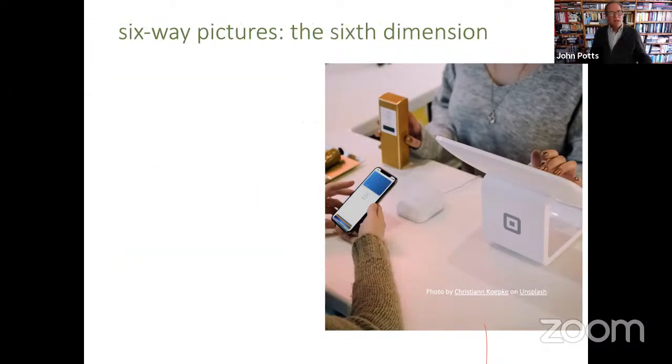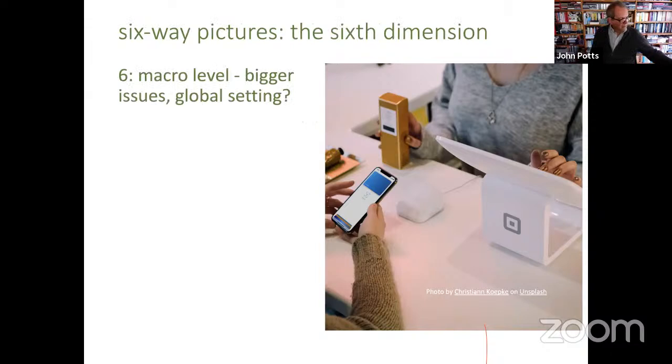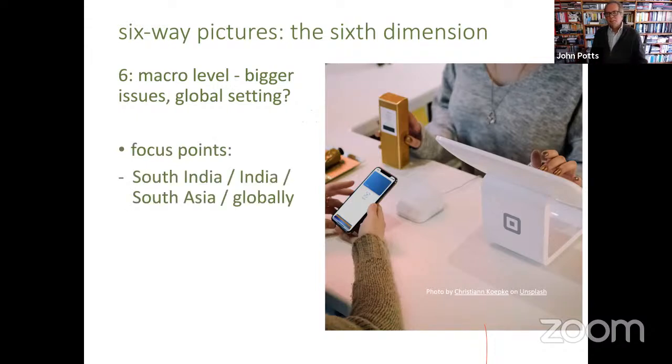Whereas the macro level is the bigger level. So it's looking at things like, what's the situation like in South India generally, or in India, the whole country, or in Asia, or globally? So the bigger picture. And the general picture, the general trend is towards online transactions.